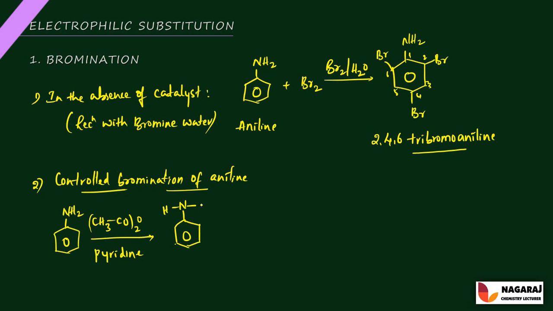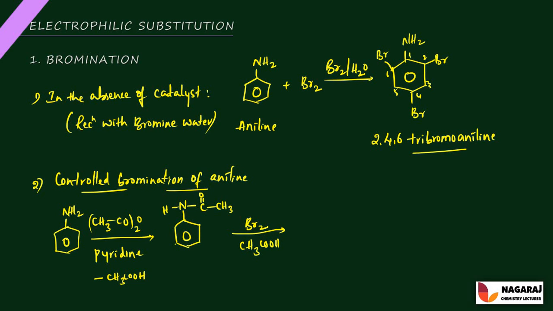So the product has C double bond O and CH3. The eliminated product is CH3COOH, acetic acid. This obtained product is treated with bromine, Br2, in the presence of acetic acid, CH3COOH.